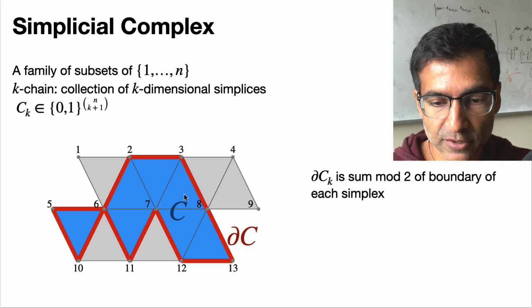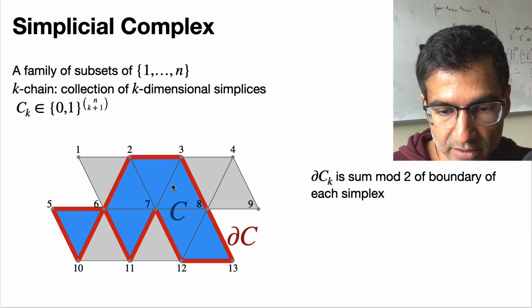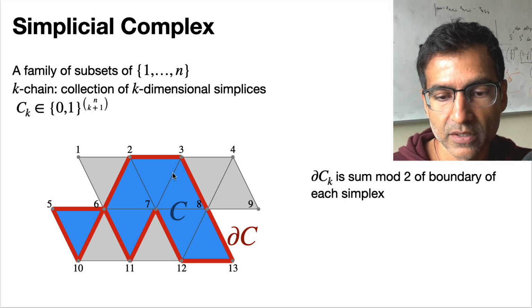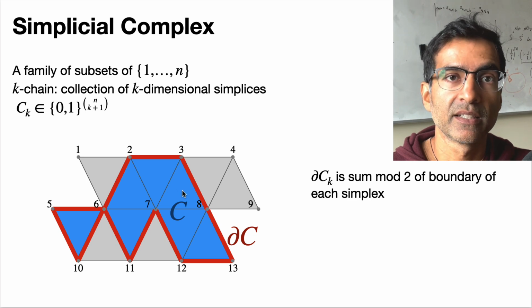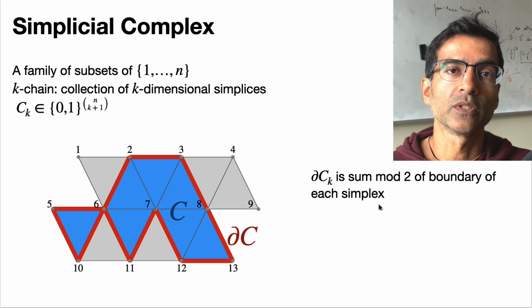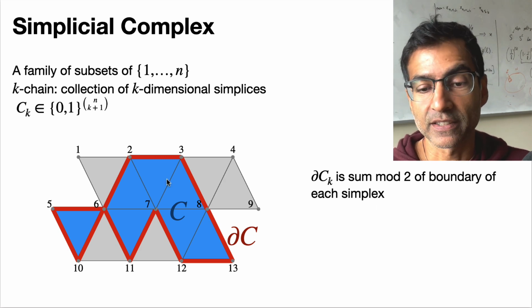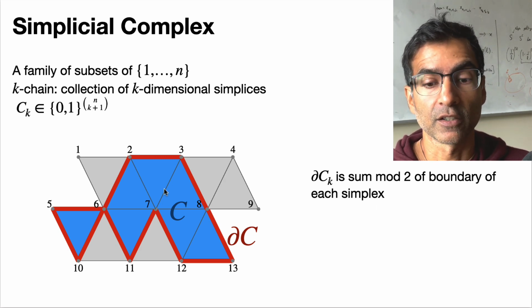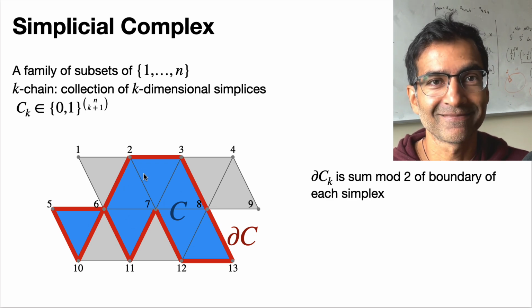So in this picture, you see that 7, 3, for example, is on the boundary of both this simplex and this simplex. And so when you compute the sum modulo 2, you'll get 0. Okay. So 7, 3 does not belong to the boundary of this 2-chain.